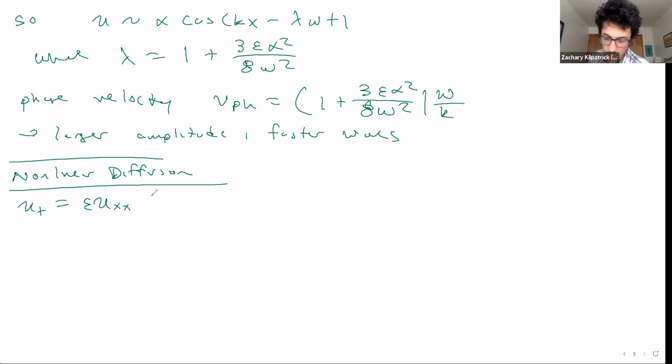We brought this up in the PDE course, where we have a time derivative of some substance or population. It evolves according to diffusion, and then there's some local reaction term. In the PDE course, we said this could be a logistic growth term, so maybe you have animals reproducing, and then they move about according to diffusion.